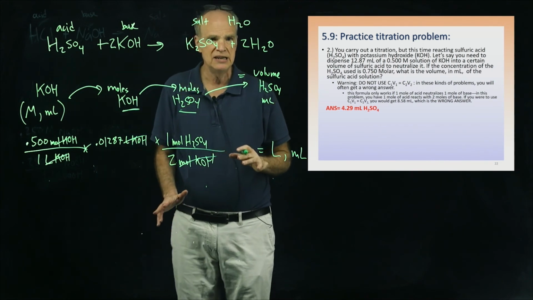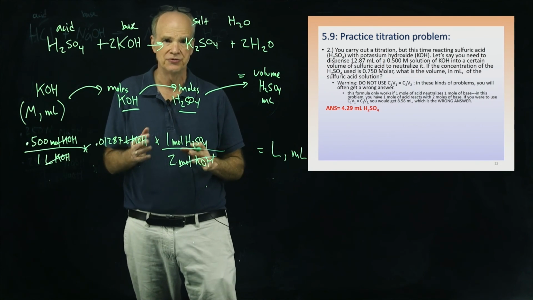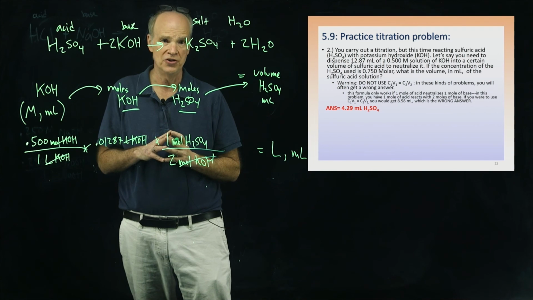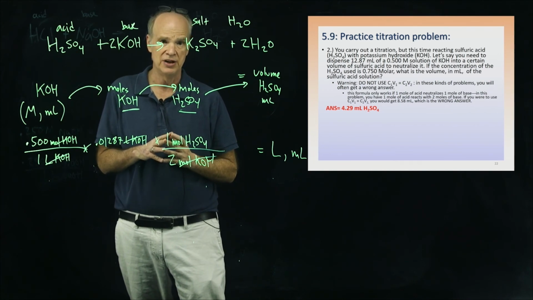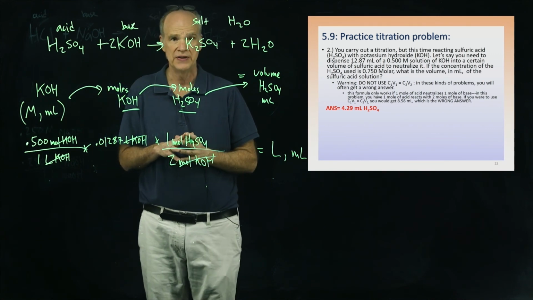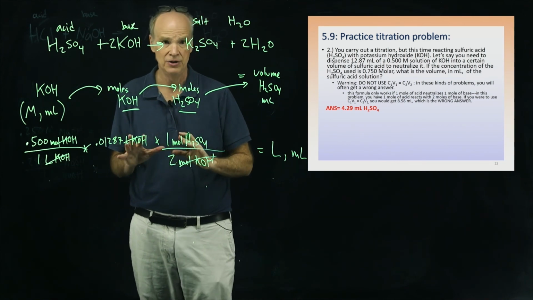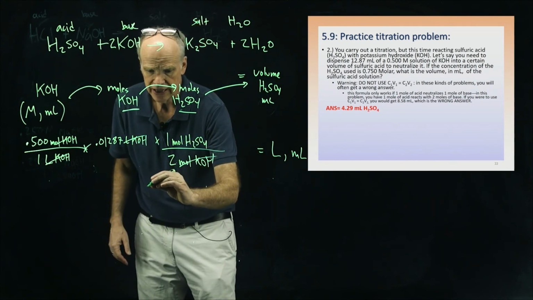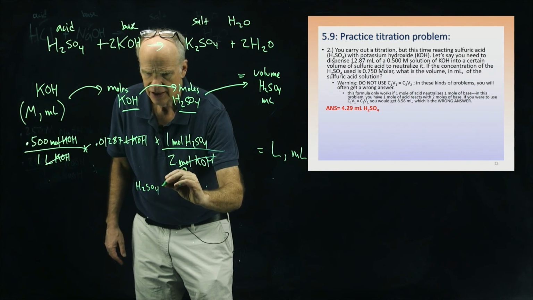Well, what we need is a proportionality between the moles of H2SO4 and the liters of H2SO4. If you think about that, moles per liter, that proportionality is molarity. So molarity really is the proportionality of the moles of H2SO4 for the liters of H2SO4. So let me write out what the molarity of H2SO4 is in this problem.